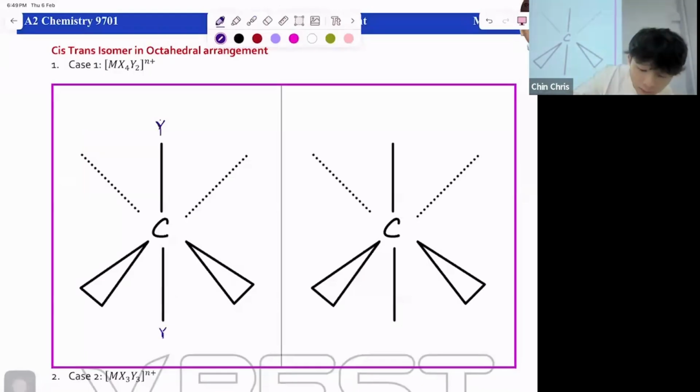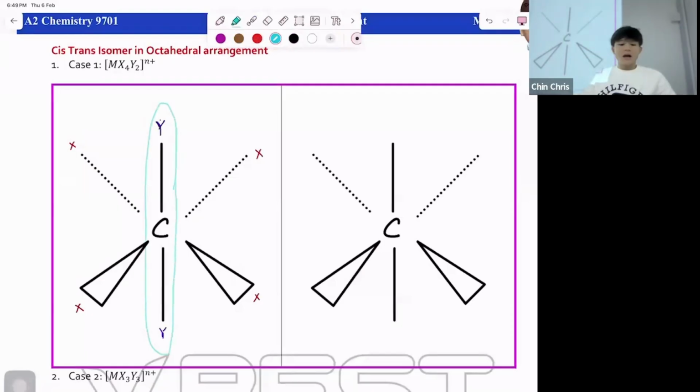Okay, so remaining part, just put an X. Do you see that your similar ligand is 180 degree apart, right? Am I right? So we call this a trans bond.